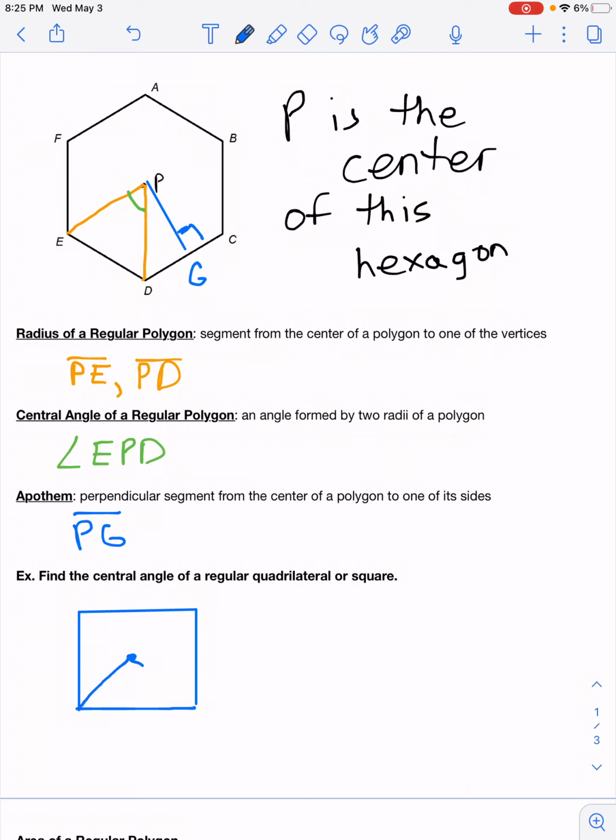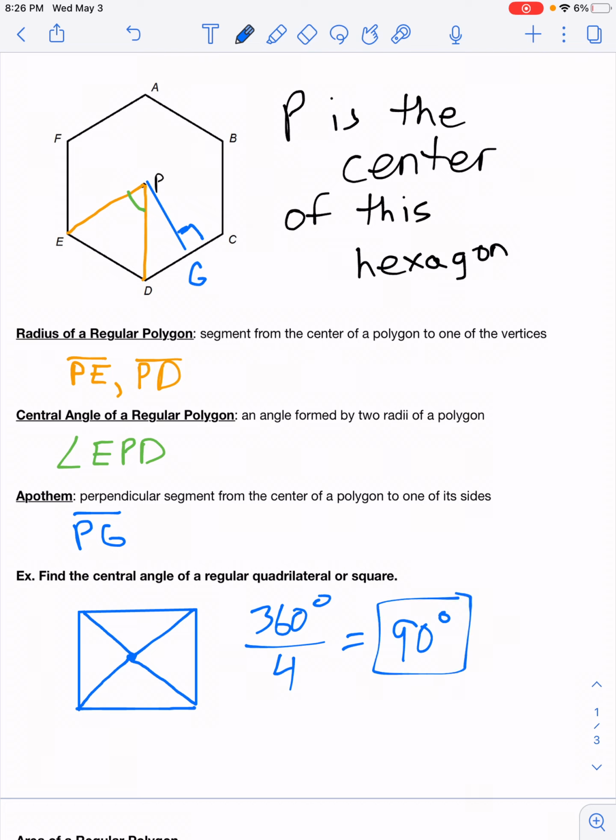If we draw all 4 of them, notice for a square, it looks like the diagonals. So I know the total distance around is 360 degrees. A square has 4 central angles, so I would do 360 divided by 4. If I do that, I get 90 degrees.